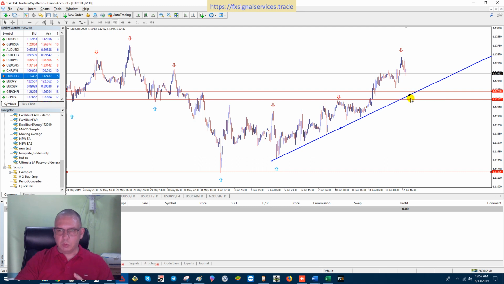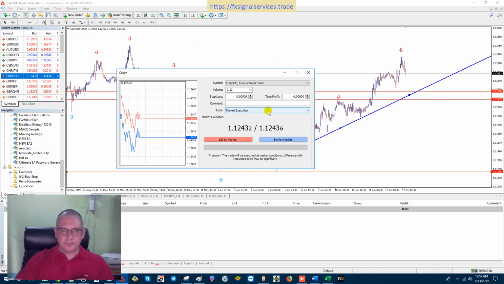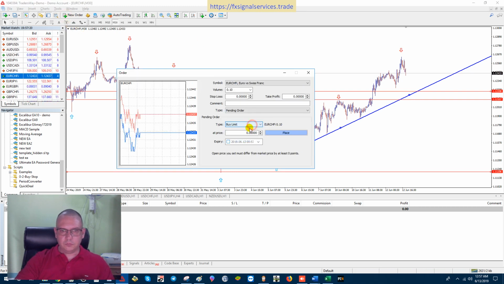Even if it drops more, eventually it's going to come up. And I want to ensure that this actually hits. Okay, I hope this makes sense. So I'm going to place a buy limit pennant order, like where this line is, a little bit above this red line. Okay, at 1.12.